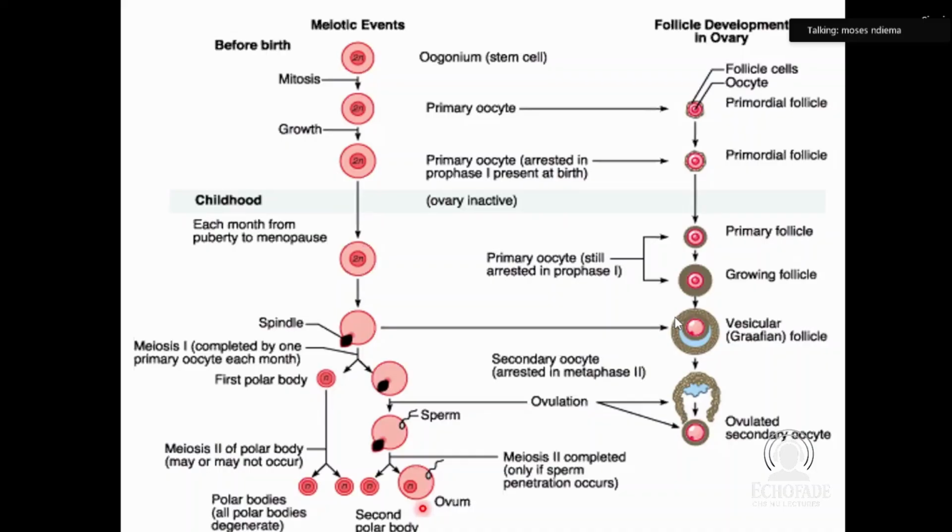So from one oogonia, you get only one ovum, unlike what we saw in the case of the testis, where from one spermatogonia B, you'll get 4 spermatozoa. But from one spermatogonia, you get millions and millions of spermatozoa. So this is the difference between what occurs in the males and in the females.